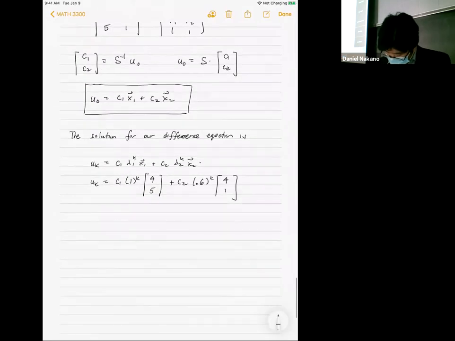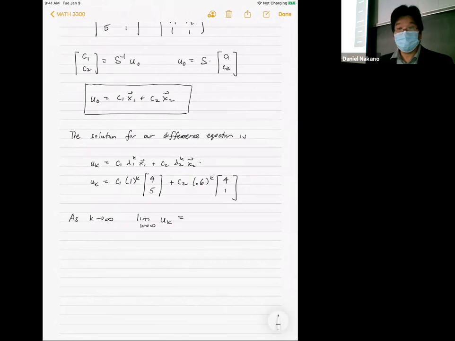So as k goes to infinity, the limit as k goes to infinity of u_k, what does that become? Well, minus 0.6 to the k goes to 0. So this is exactly like the problem we had before with the multinational companies.